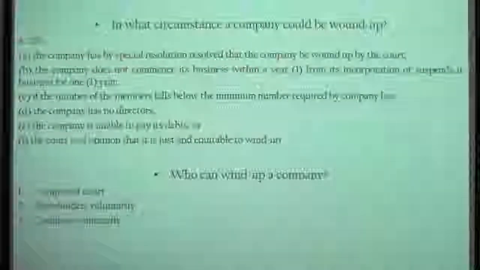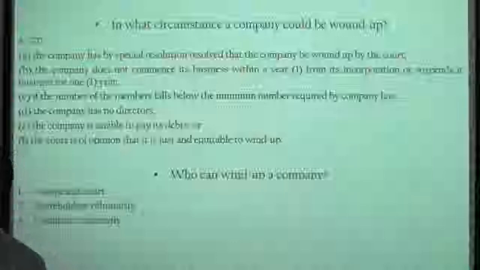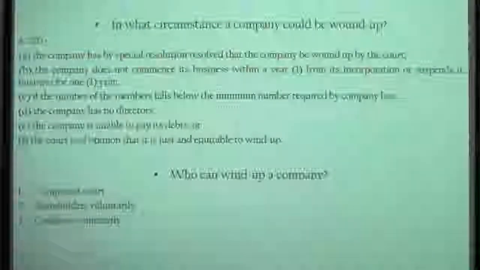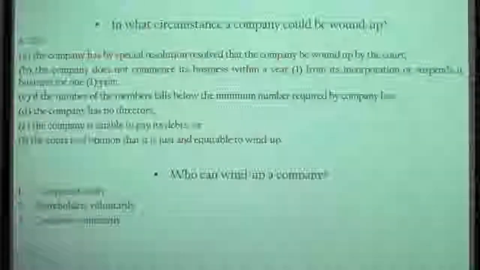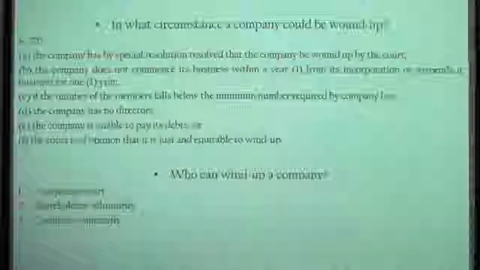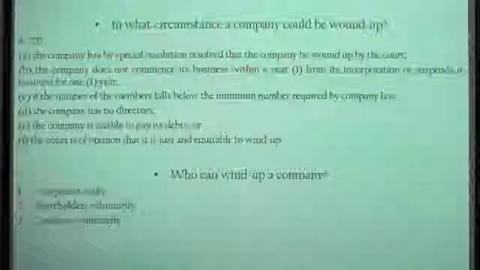And if the court determines that yes, it needs the supervision of the court, then the court could interfere and supervise the winding up. Now, this is different from a court mandatorily winding up a company.